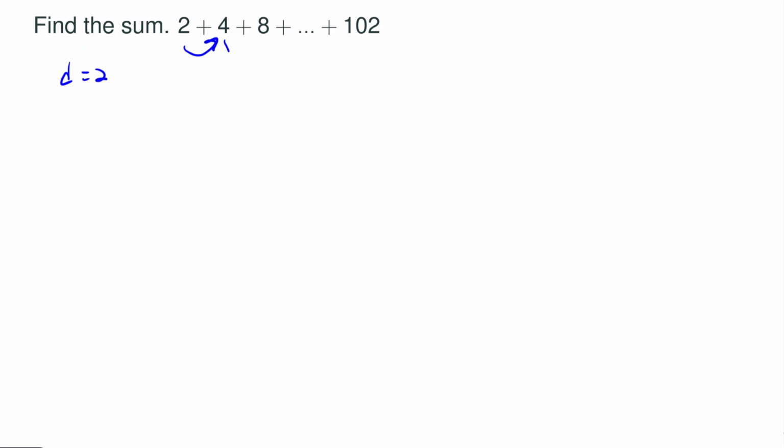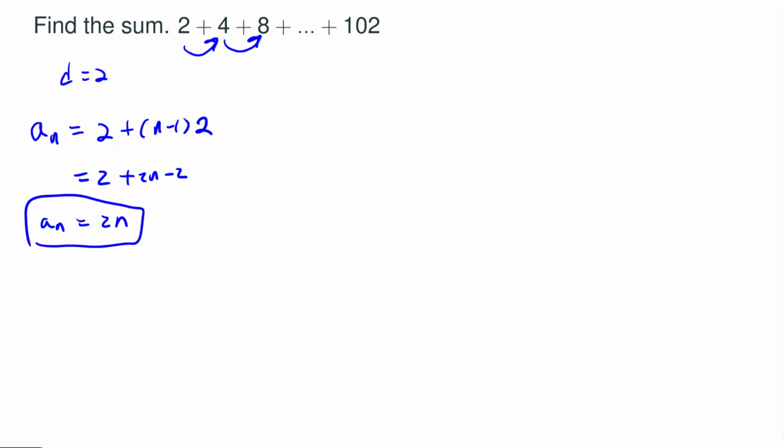We're adding 2 every time. Let's come up with the nth term formula, which is the first term plus n minus 1 times the common difference, which is 2. That's 2 plus 2n minus 2, which gives us 2n. So a of n is 2n. This is the formula for this sequence.